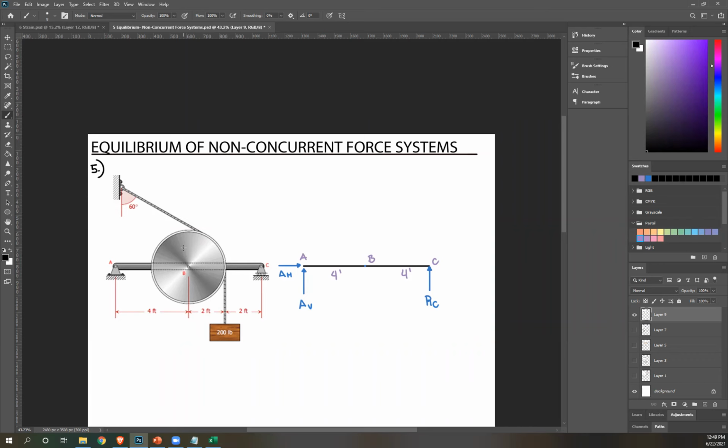Can anybody tell me where the resultant of forces on a pulley acts, in relation to the pulley? Correct, Naomi, it's at the center.